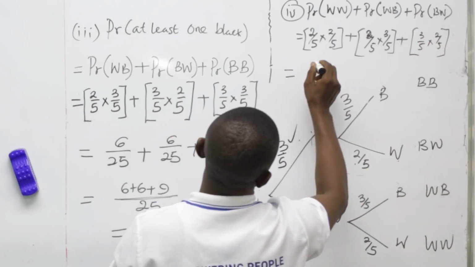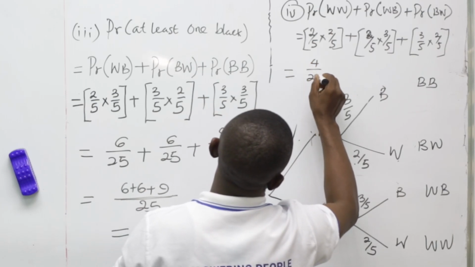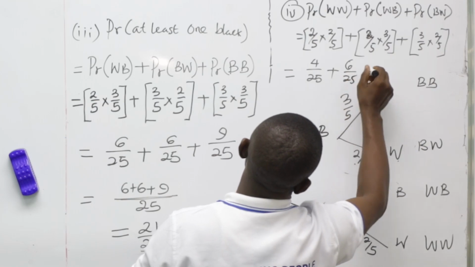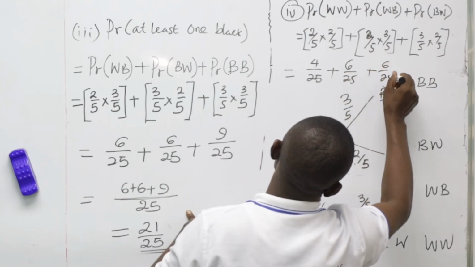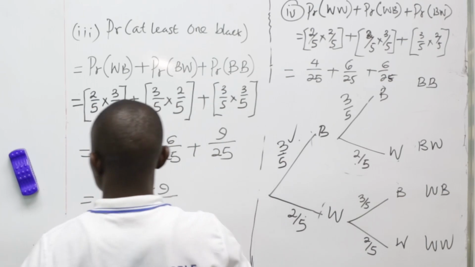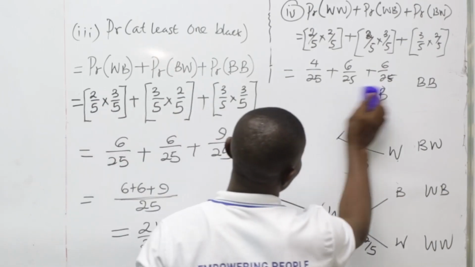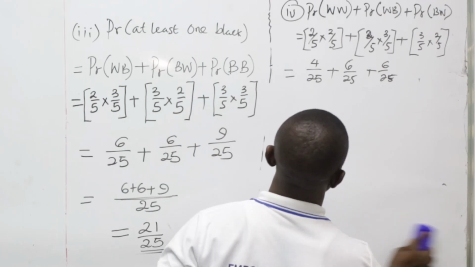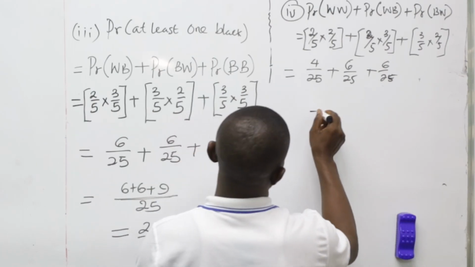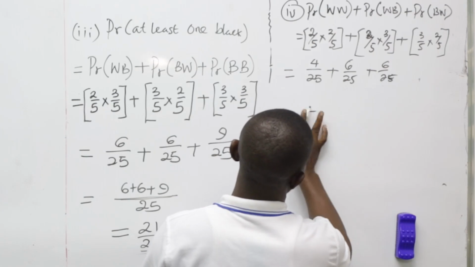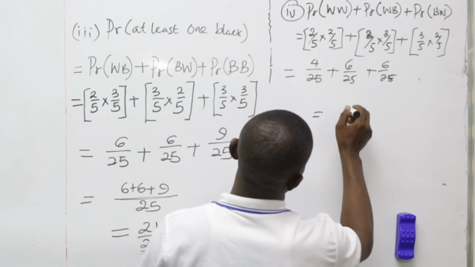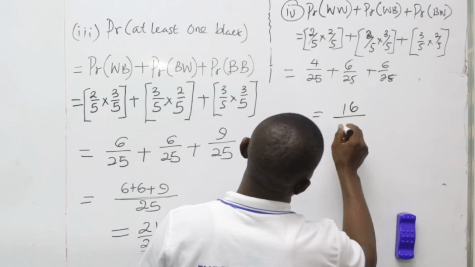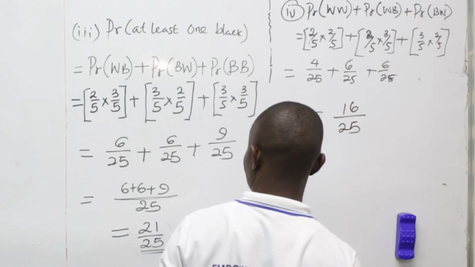This will give us 4 over 25 plus 6 over 25 plus 6 over 25. So this will give us 16 all over 25.